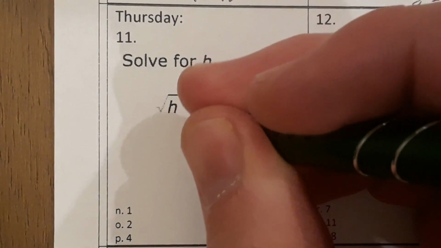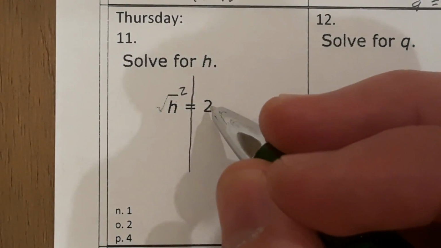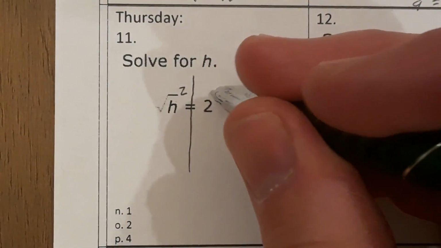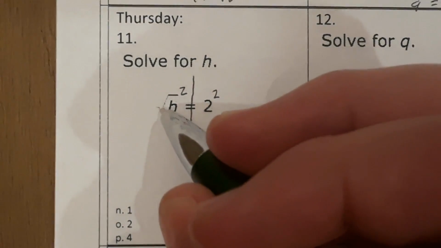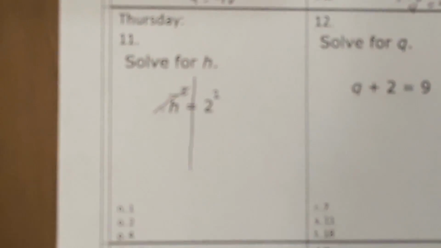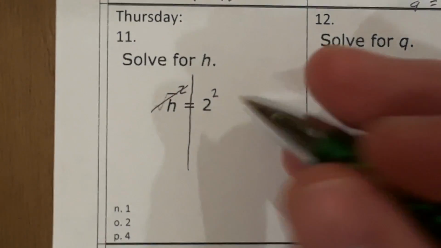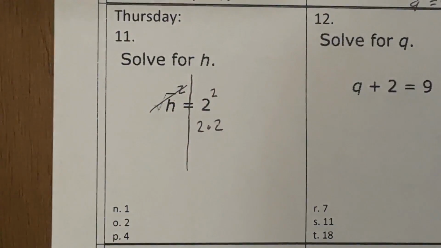Now, we're going to draw the line down the middle because whatever we do to one side, we must do to the other side. So, good. Square and square. So, what happens is square root and square cancels out. And 2 to the second power is 2 times 2.